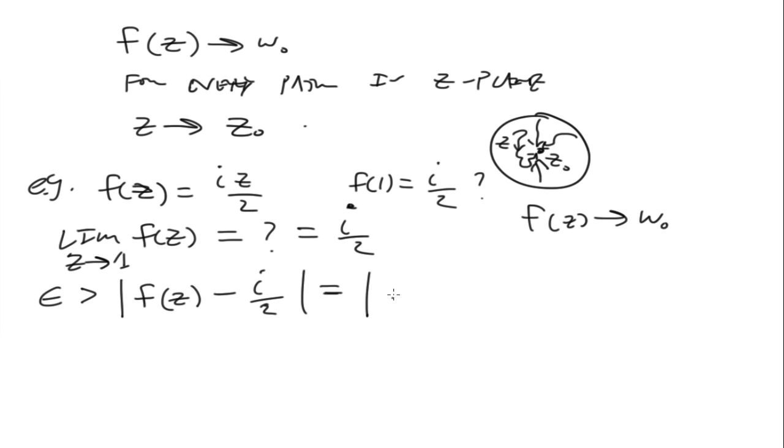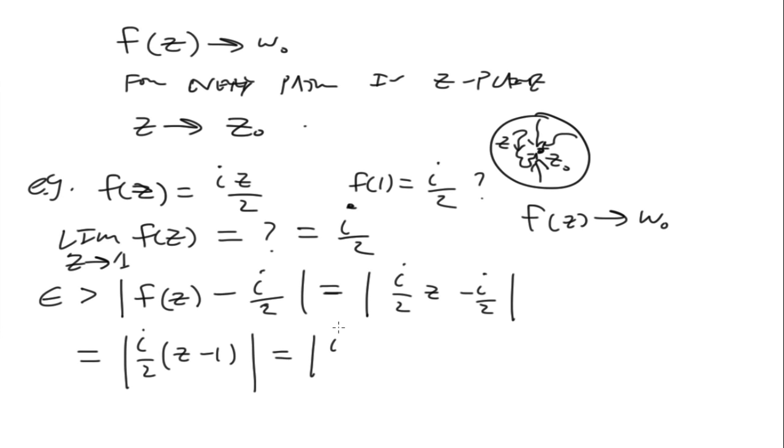So let's substitute in our definition. That's going to be i over 2 z minus i over 2. And I'm going to do a little algebra here now. We can see that I can factor out an i over 2. Okay. And going further, we can now take the complex modulus and break it up.